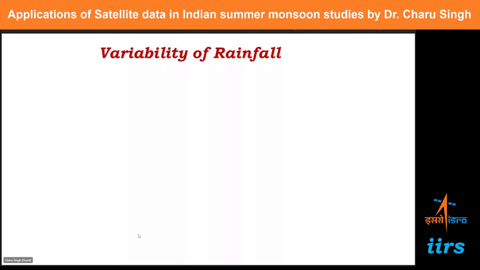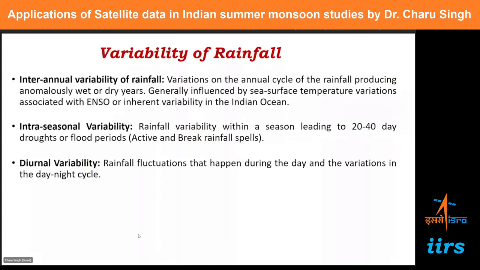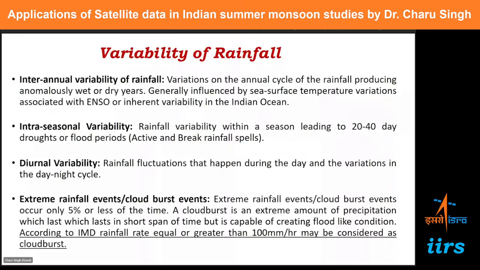Now the variability of the rainfall, because during the monsoon season, we don't expect rainfall throughout the season. We also don't expect the same rainfall year to year. So these are the variabilities that we know during the monsoon season over the Indian region. We know the interannual variability of rainfall. These are basically variations of the annual cycle.